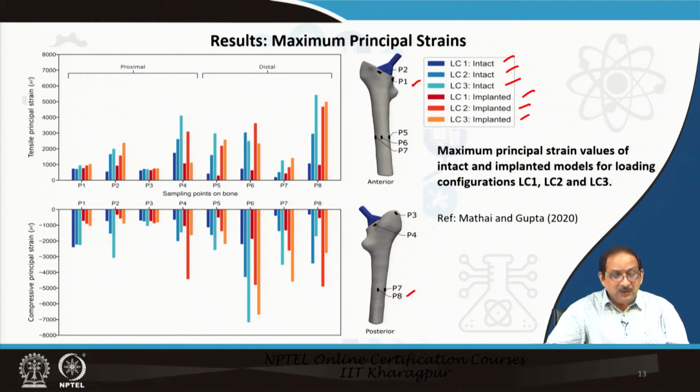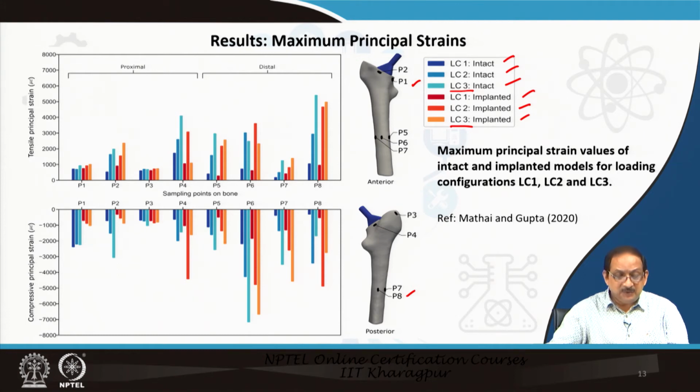Now, among the 3 loading configurations, LC3 predicted the highest values of tensile and compressive strain in the majority of the locations. In the implanted femur, LC3 predicted maximum tensile and compressive strain in most locations except P3, P4, P6 and P8, similar to the intact models.